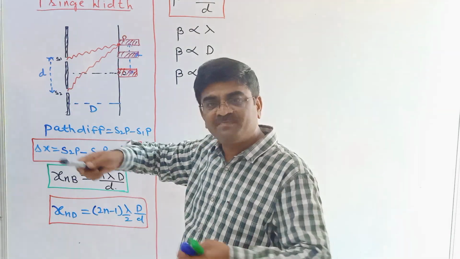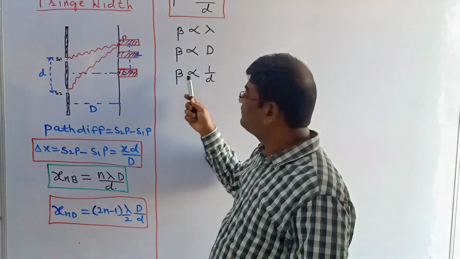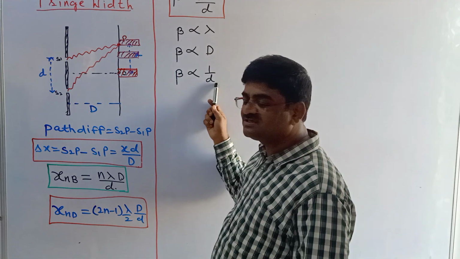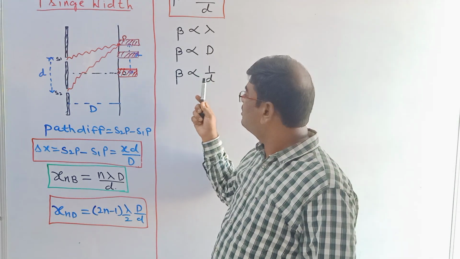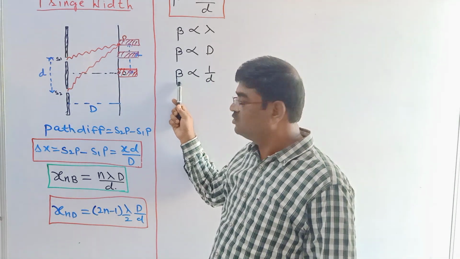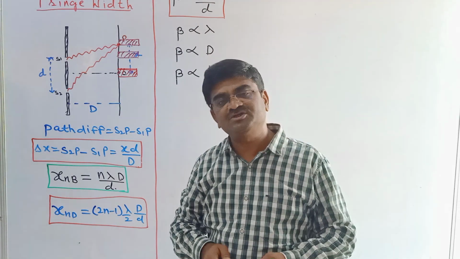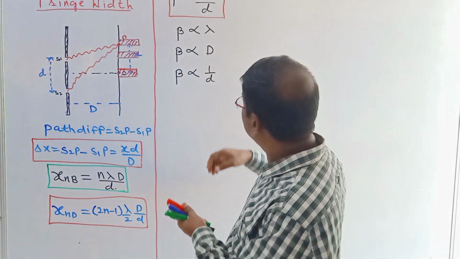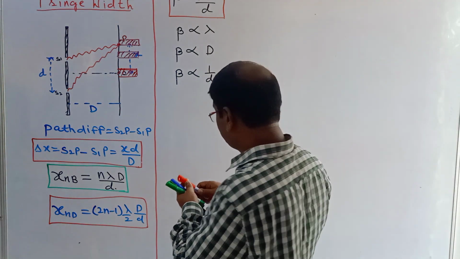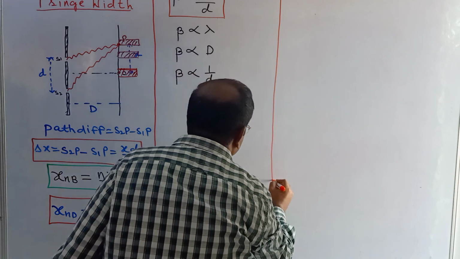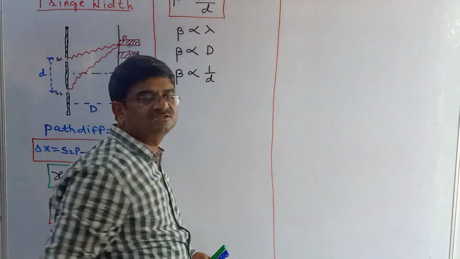At more separation, fringe width is going to be less. If I have slit separation small, I will have fringe width more. So fringe width gets decided by the separation of the slits. So these are the important things to be remembered while dealing with questions in competitive examinations.